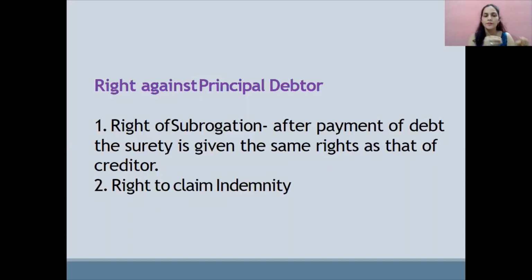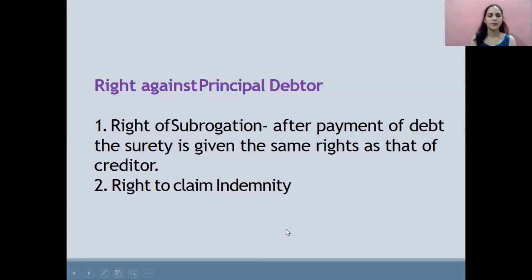It means now after making the payment of the loan amount in case of principal debtor's default, the surety has paid the amount and he enters into the shoes of the creditor as a new creditor for the debtor. So now all the rights that are enjoyed by the creditor would be enjoyed by the new creditor, that is the surety.